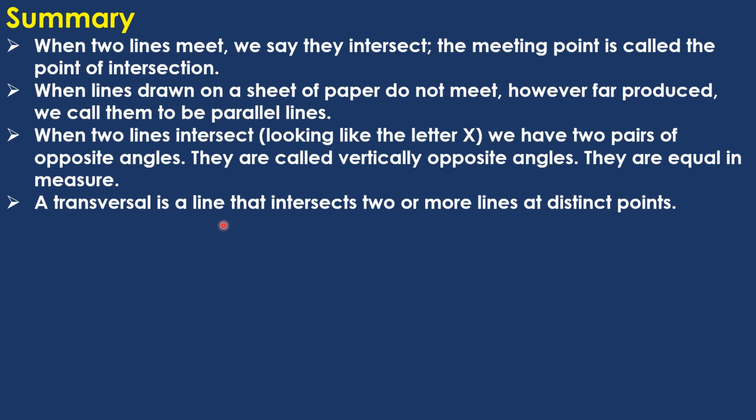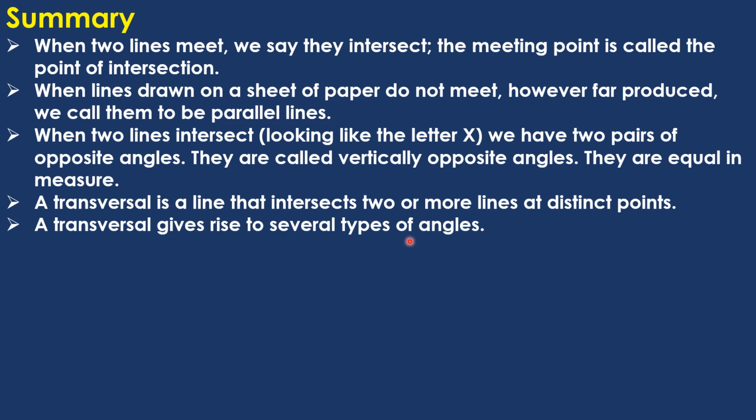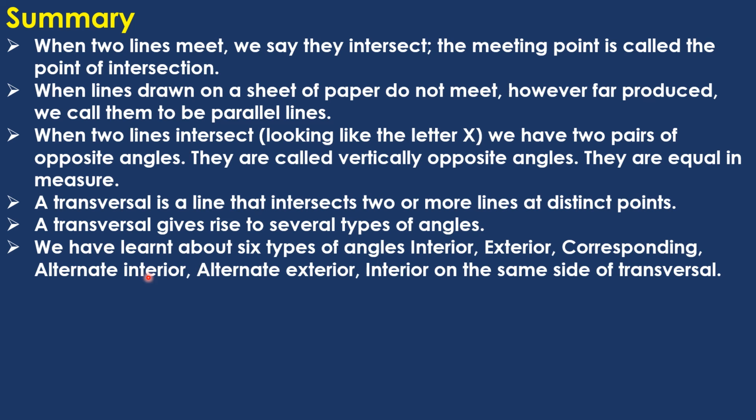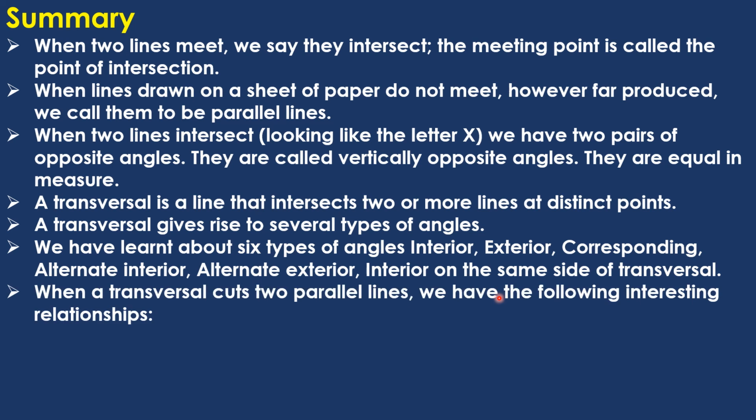A transversal is a line that intersects two or more lines at distinct points. A transversal gives rise to several types of angles. We have learnt about 6 types of angles: interior, exterior, corresponding, alternate interior, alternate exterior, and interior on the same side of the transversal.